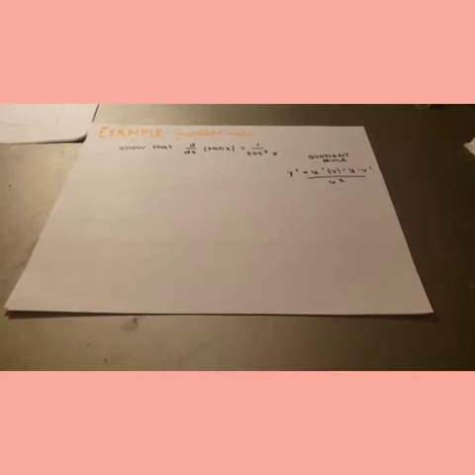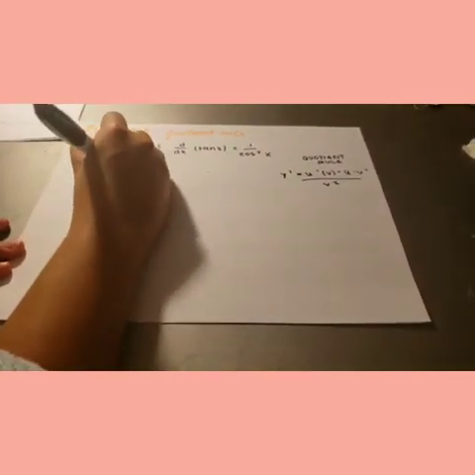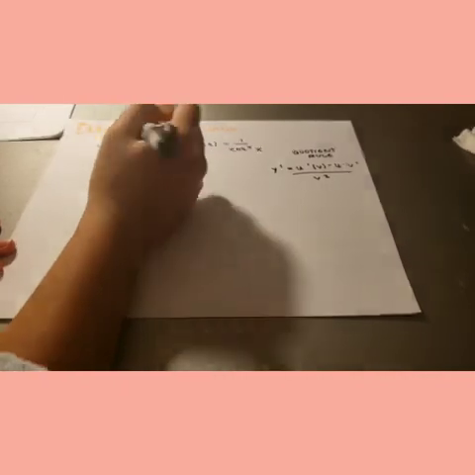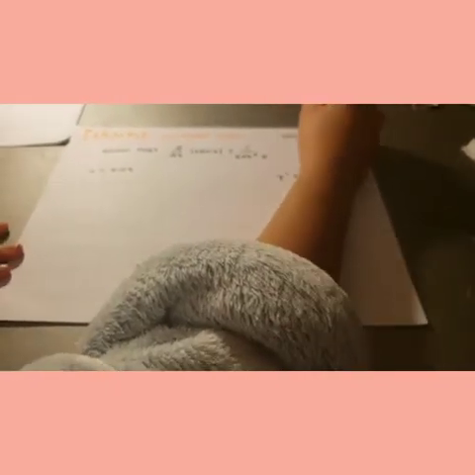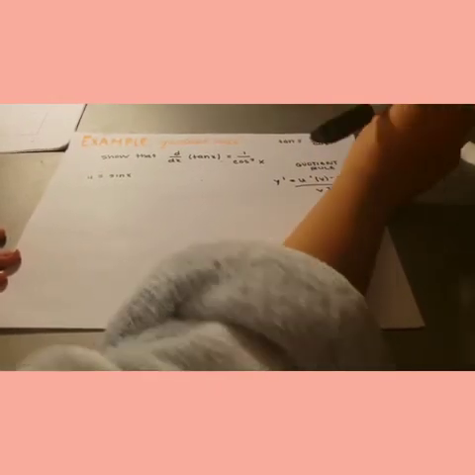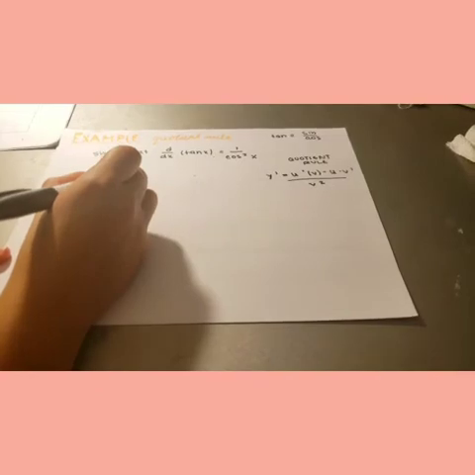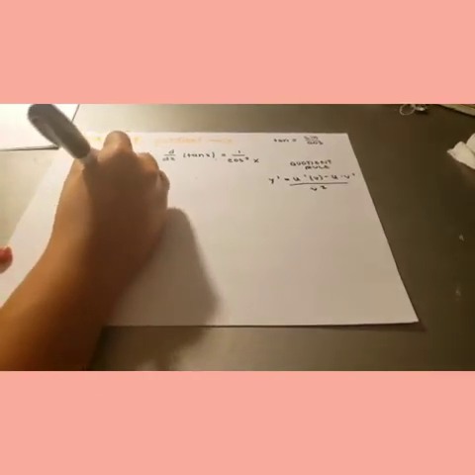Okay, so first, like any other one, we have to figure out what our u and what our v are. So in this case, our u is going to be sine x, because tangent is equal to sine over cosine. So our u is sine x, and our v is cosine x.